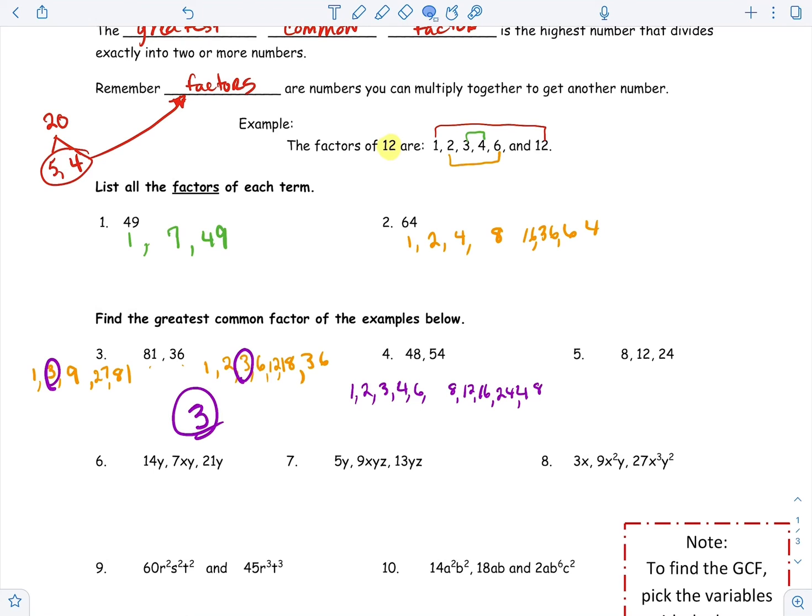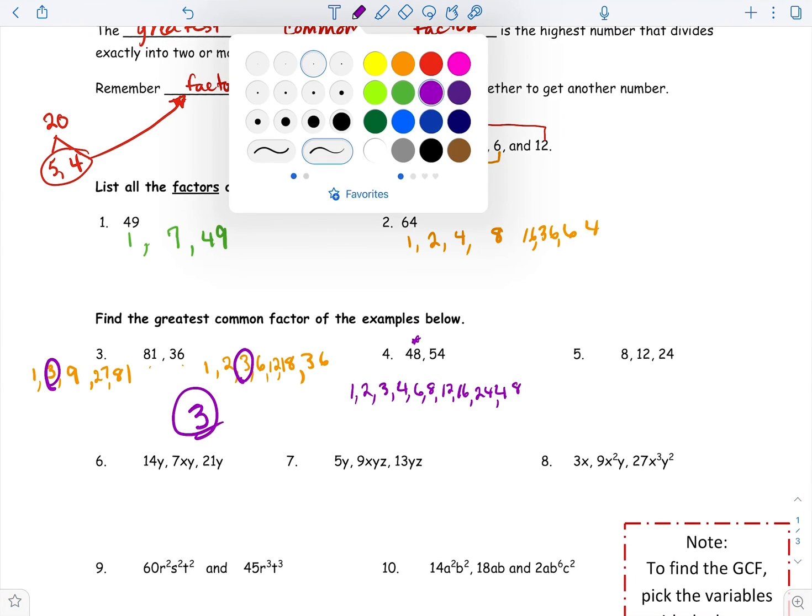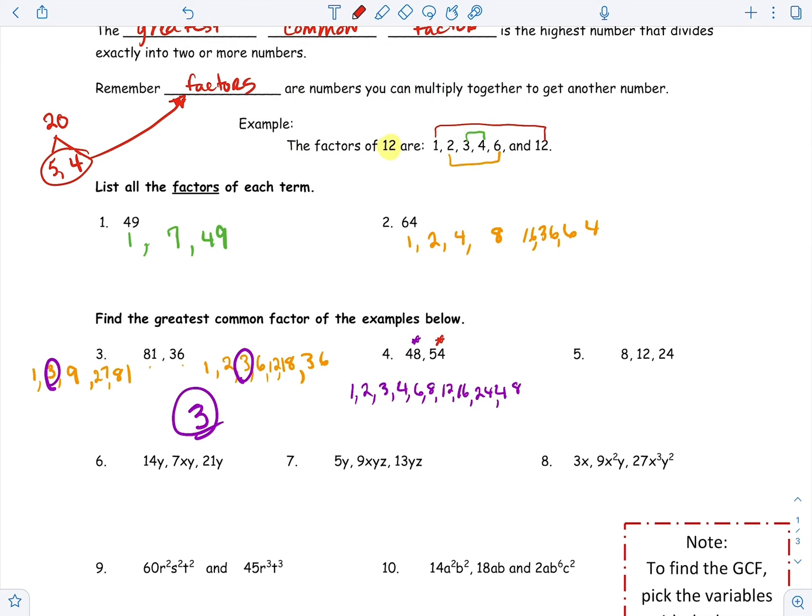I think that's it right there, guys. That's quite a bit, isn't it? All right, so that's all for 48.